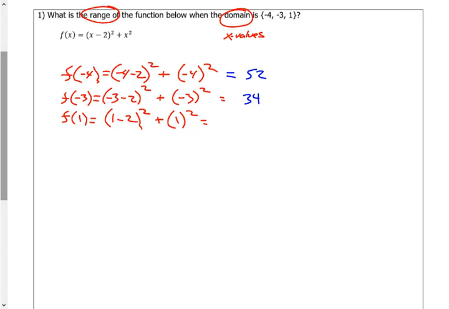And when I go back, I get 2. So what is the range when the domain is -4, -3, 1? Well, the range, we can even write it with these little brackets, is 2, 34, 52.